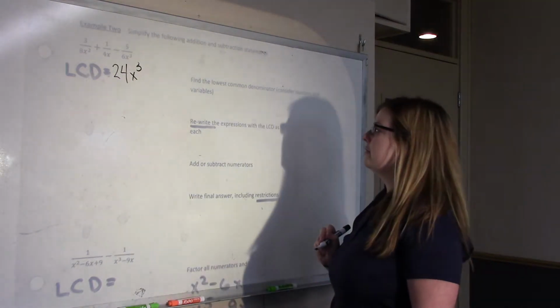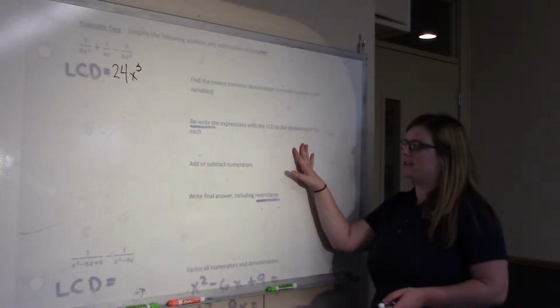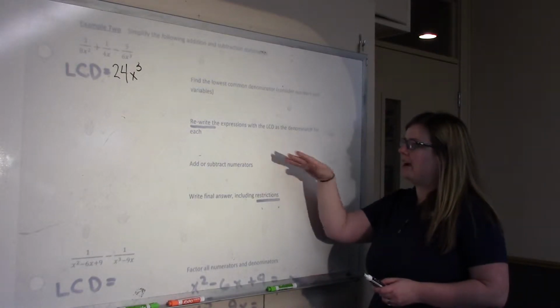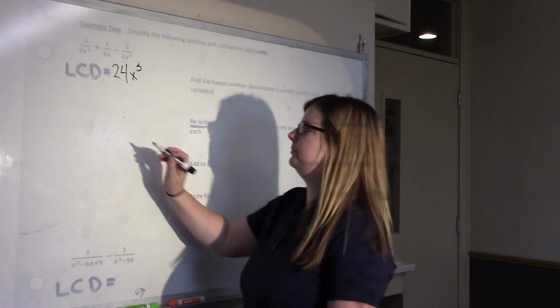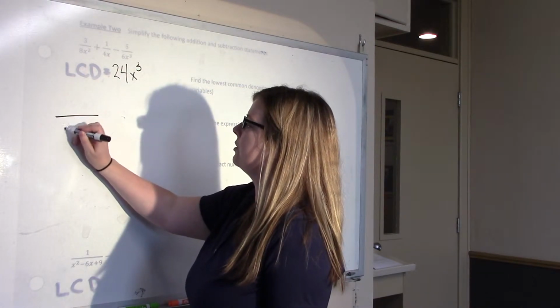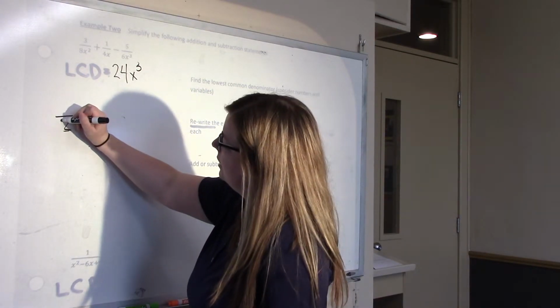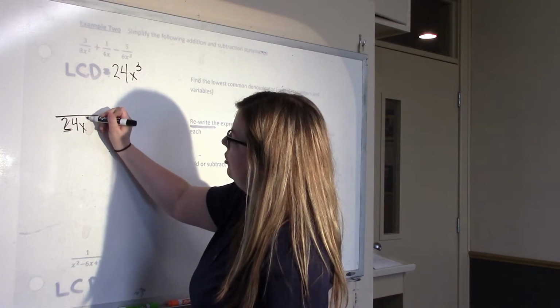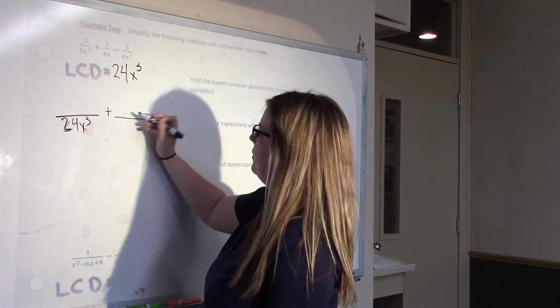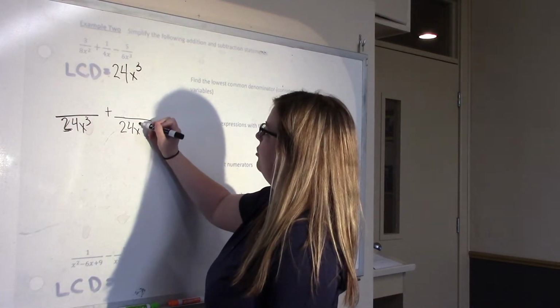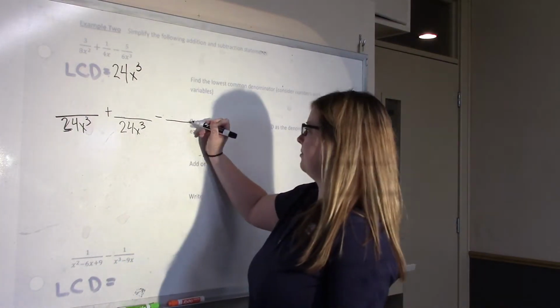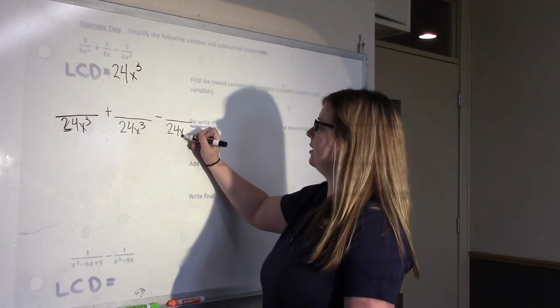Okay? So now we want to rewrite the expressions with the lowest common denominator as the denominator for each. So something over 24x cubed, plus our new fraction over 24x cubed, minus this other part over 24x cubed.